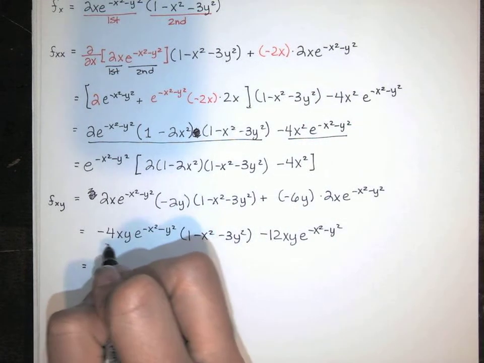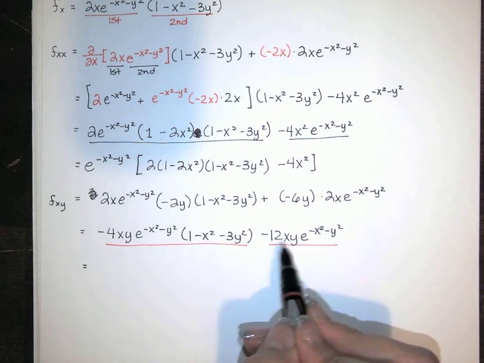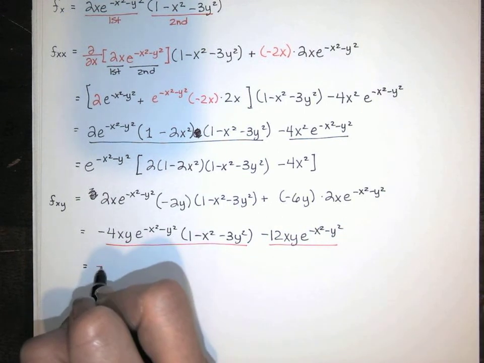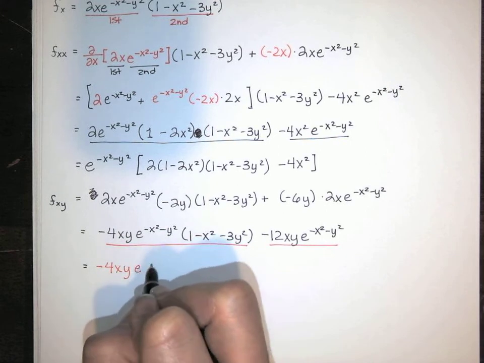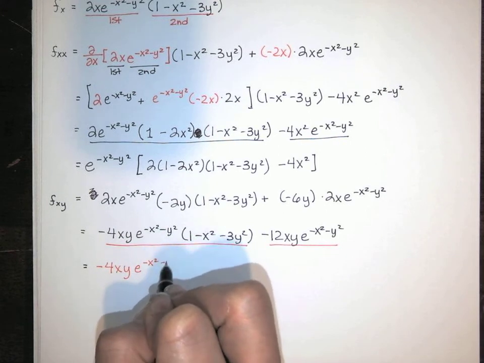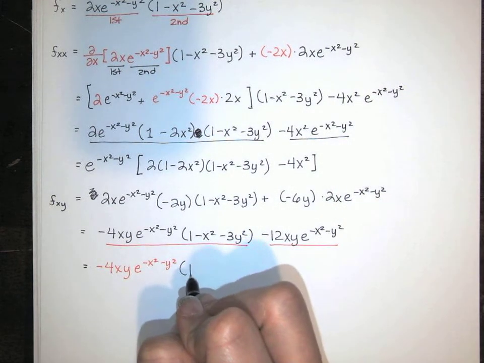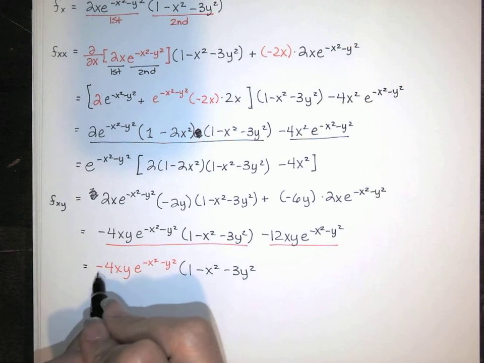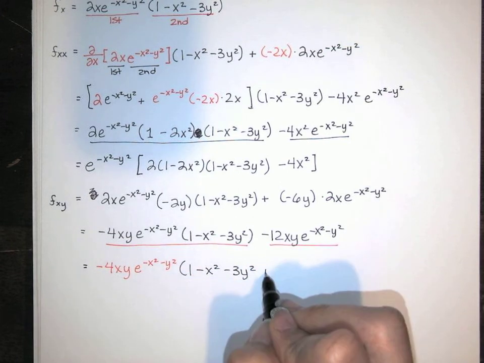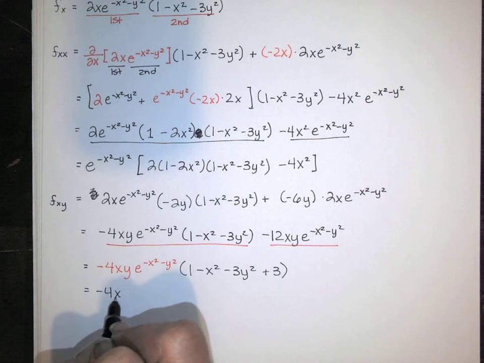I'm looking at this is my first term and this is my second term. Well, they both have the negative 4xy in common, so I should factor that out. They also have exponentials, so I should factor that out as well. So this times that gives me my first term. And this times 3 gives me my second term. So we just end up with this.